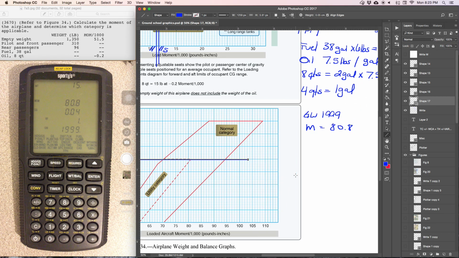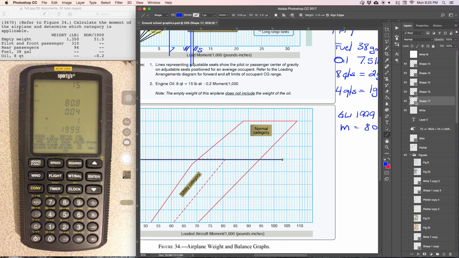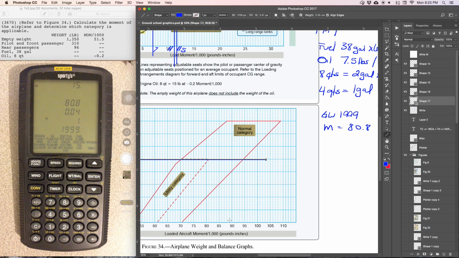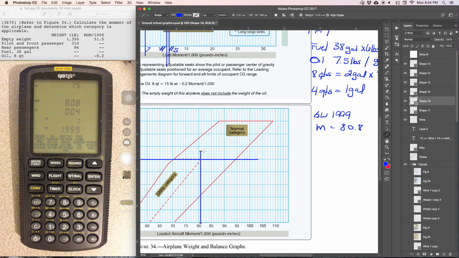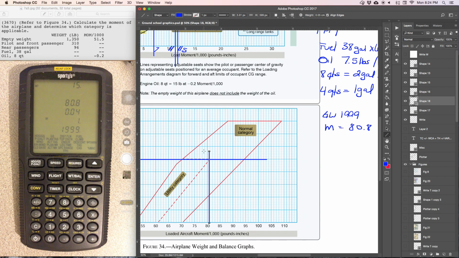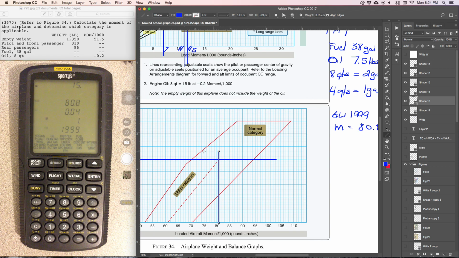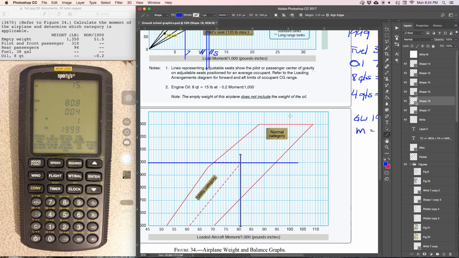And for moment 80.8, it's going to be just shy of 81, so I'll draw a line straight up from here. What we see is that it's just barely on the inside of the area that's allowed for utility category.